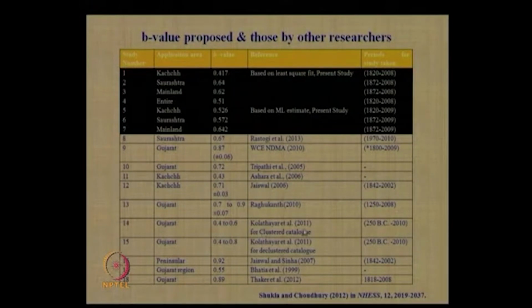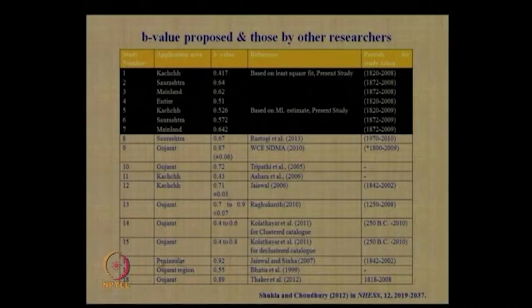And Kolathayar et al. in 2011 proposed for entire Gujarat once again two ranges of values, one for the clustered catalog, I have already mentioned what is clustering, and another for the declustered catalog, without doing the clustering of the earthquake data points considered. They mentioned ranges for the B value of 0.4 to 0.6 or 0.4 to 0.8, and they mentioned in their papers that they considered earthquake data between 250 before Christ to 2010.